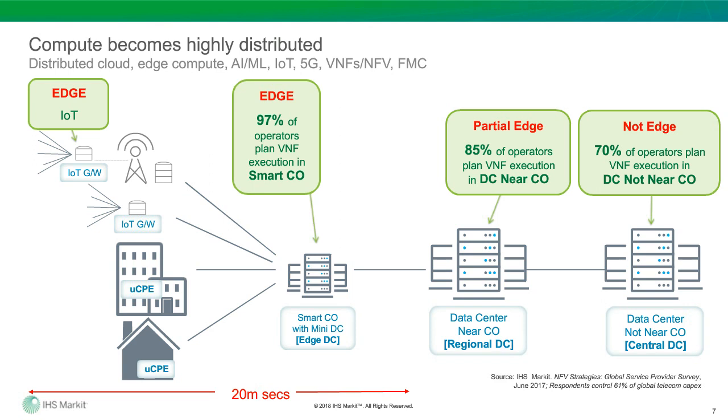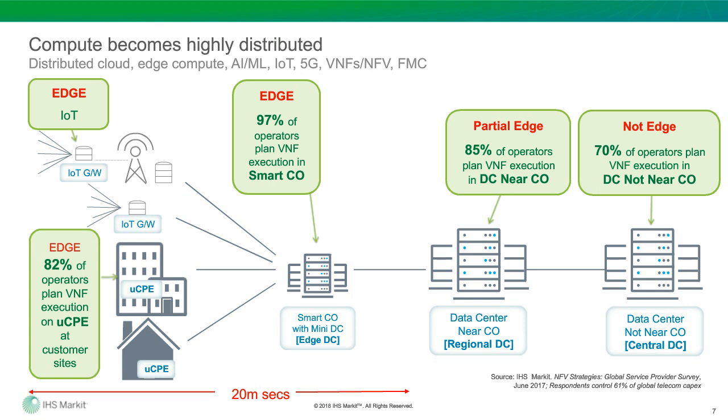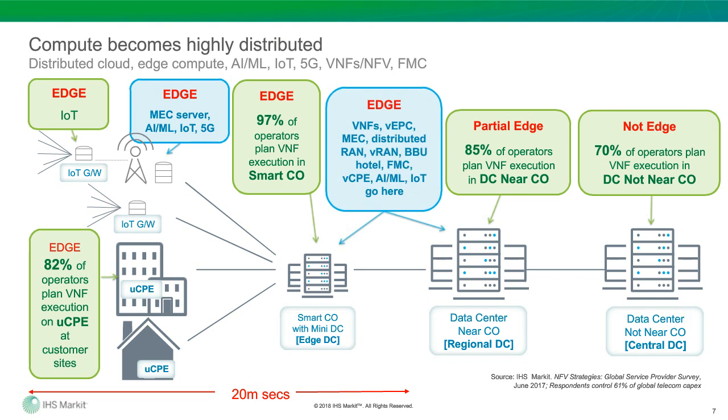And the fact is there's also an edge with UCPE equipment being placed on the customer prem. And then we have servers now moving out to the edge for mobile connect and processing of data locally, and also at the CO and regional data centers on top of UCPE.